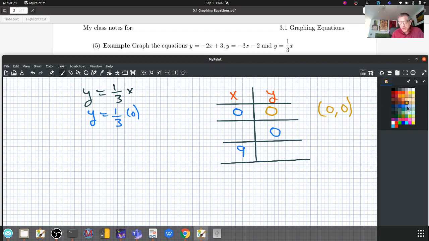Now let's try the other one. I'm given y. Y is equal to 0. I want to compute x. Well, I have a denominator, so I'll multiply both sides through by 3.